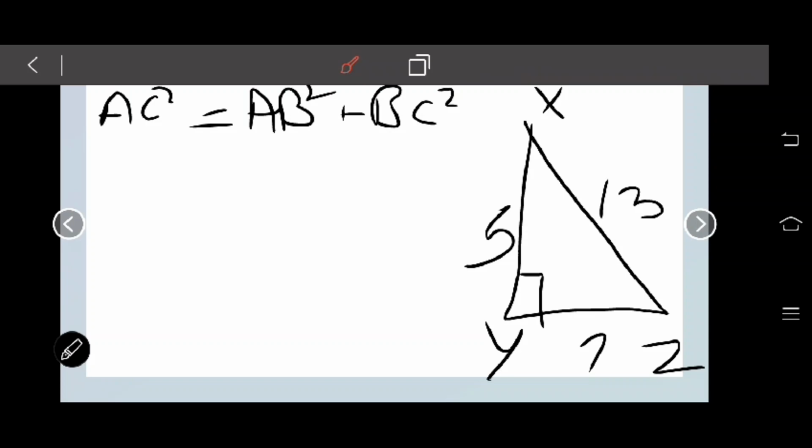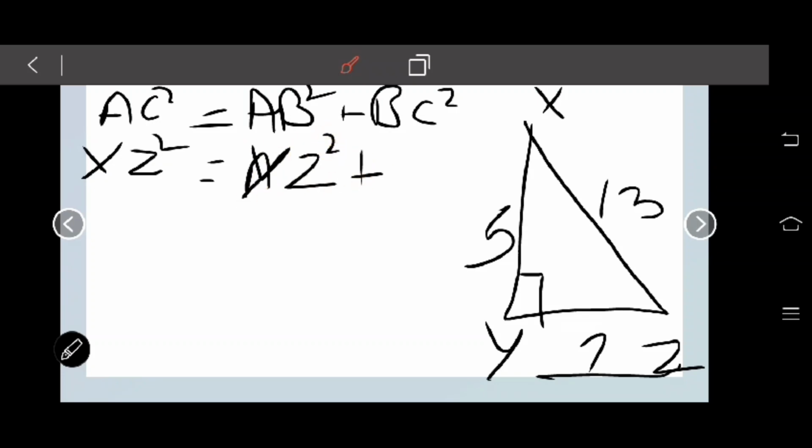Now, in the same way, let's derive the hypotenuse. First, XZ square is equal to AB square plus BC square. What is AB? AB means this one, and we don't know it, so let's take it as YZ square, plus the opposite, which is XY square.